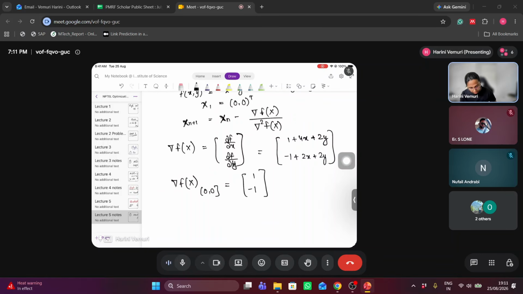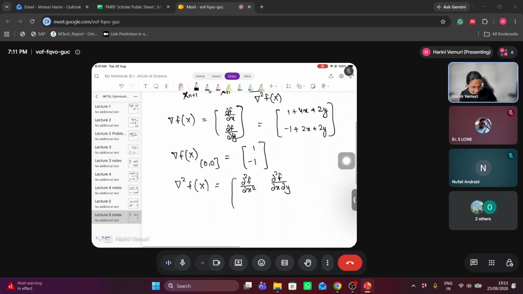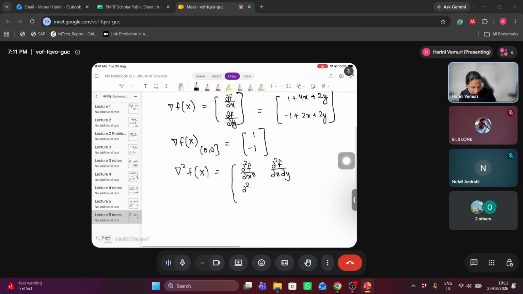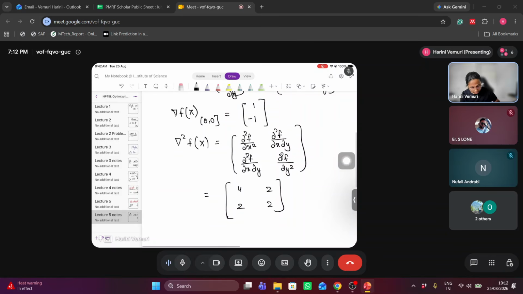Okay, then we are calculating the Hessian, that is dou square f by dou x square, dou square f by dou x dou y, then dou square f by dou x dou y, then dou square f by dou y square. Okay, so that will be equal to 4, then 2, 2 and 2, right? So this is how we got.